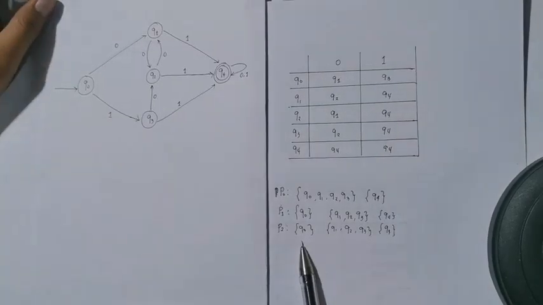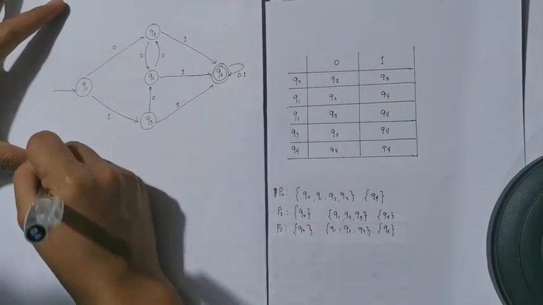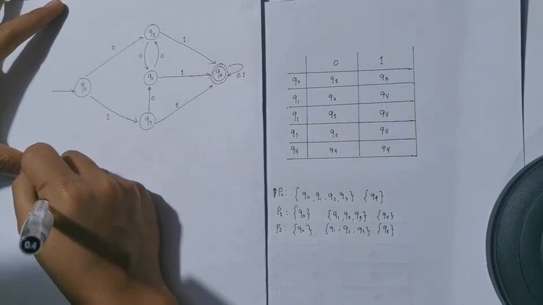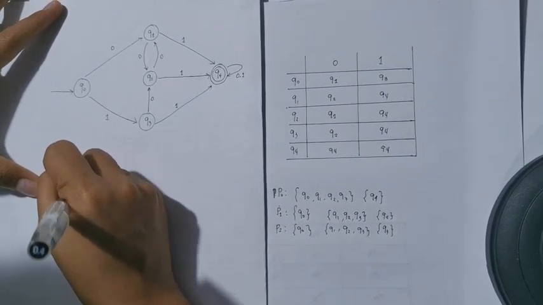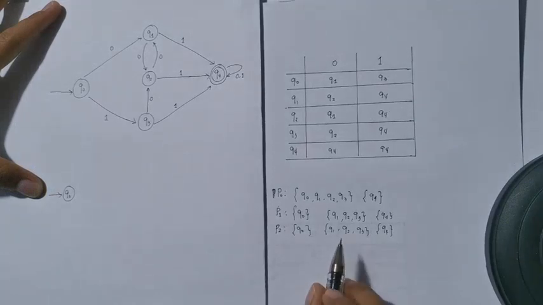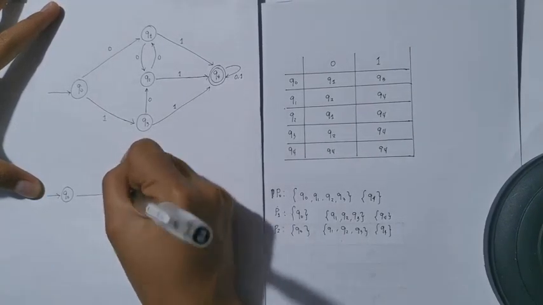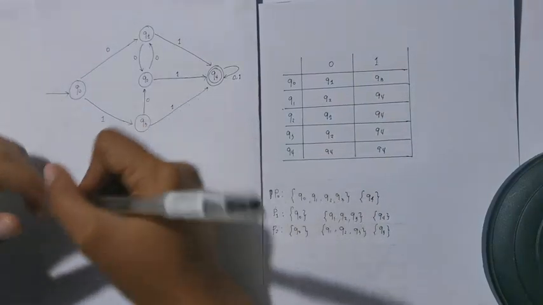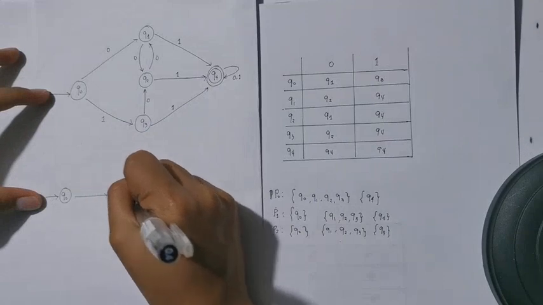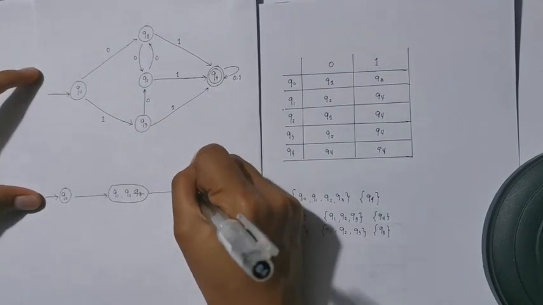Q sub 0 would be the initial state. Next would be Q sub 1, Q sub 2, and Q sub 3. Next is the final state, which is Q sub 4.